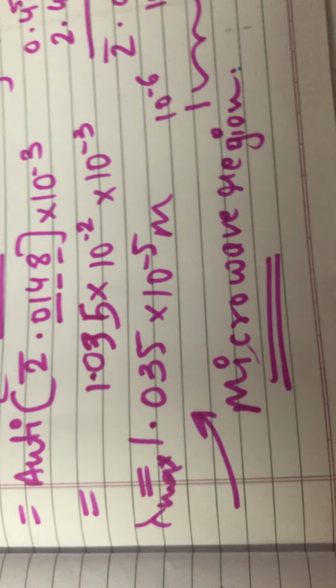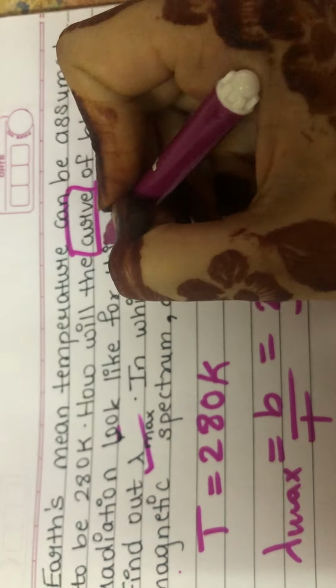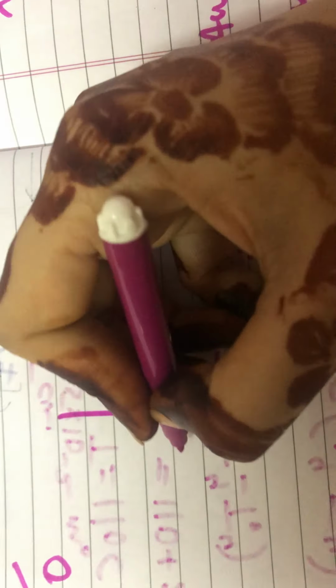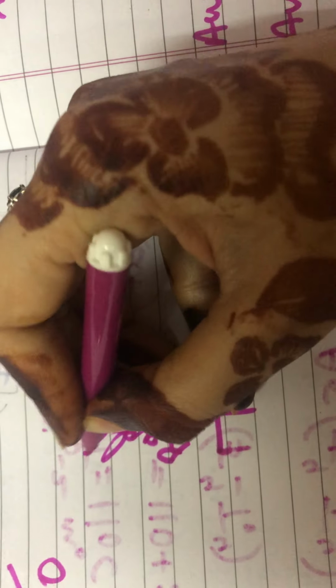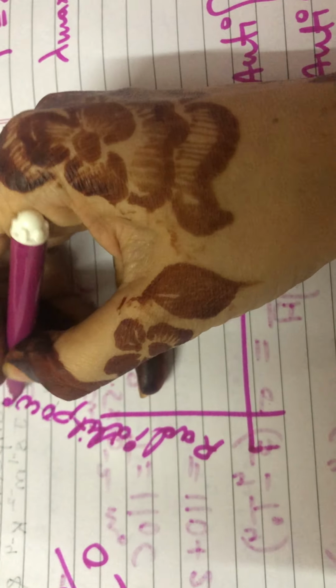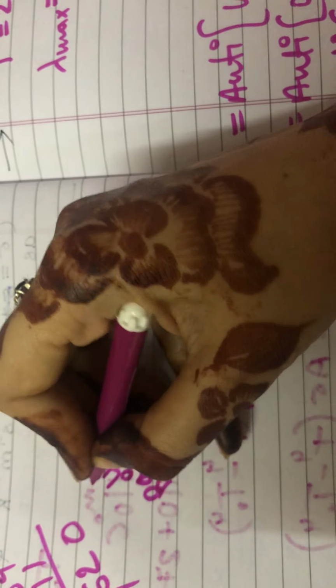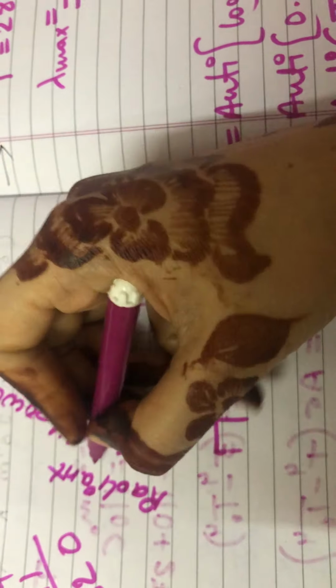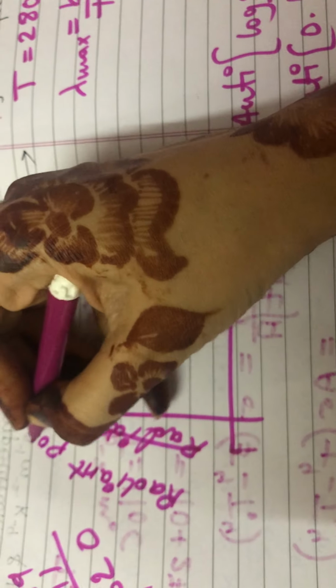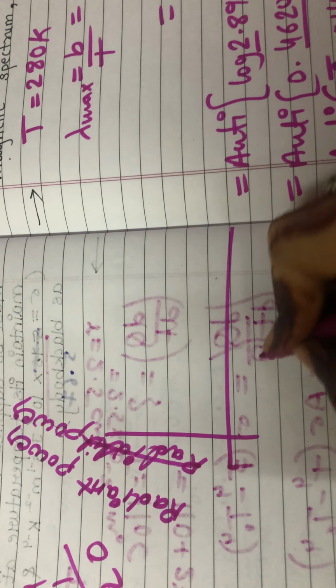Now they are asking me to draw the curve. We have found the value of lambda maximum, so only the curve remains to be drawn. It is very easy. This is about radiant power on the y-axis, and this is your lambda.